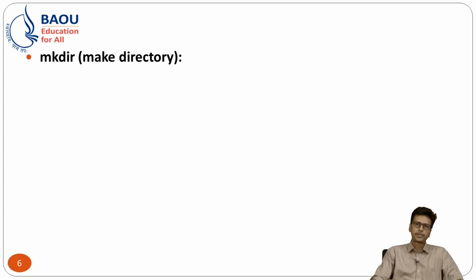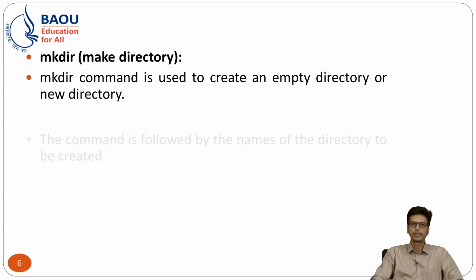In the previous session we discussed that you can use multiple arguments. If you have rights to create multiple directories, then you can write multiple directory names after this mkdir command. We have also seen the practical of how to create a directory by using mkdir in the emulator.